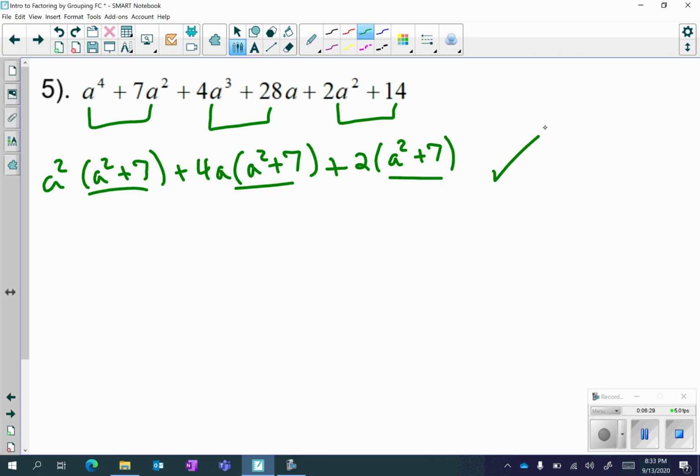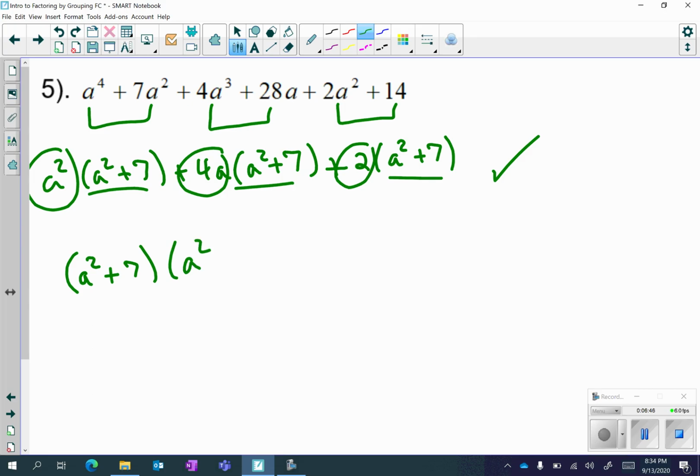Everything on the inside matches, and that's phenomenal. So I'm going to pull out that GCF of a squared plus 7 because all my groups have that in common. I'm going to take my leftovers, and in this case, I'm going to get a trinomial. a squared plus 4a plus 2.